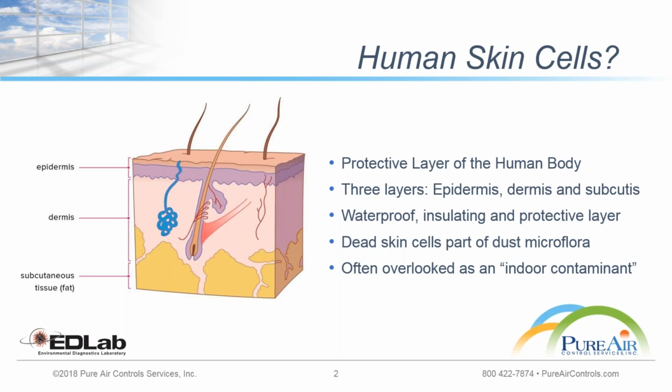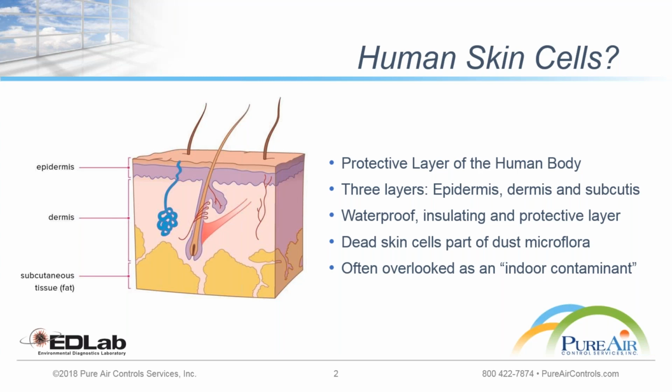So I just want to make it clear that the information we will be giving is going to be about the human skin cell itself. This is a very commonly observed but most ignored flora, or the dust microbiota, if I say it like that.